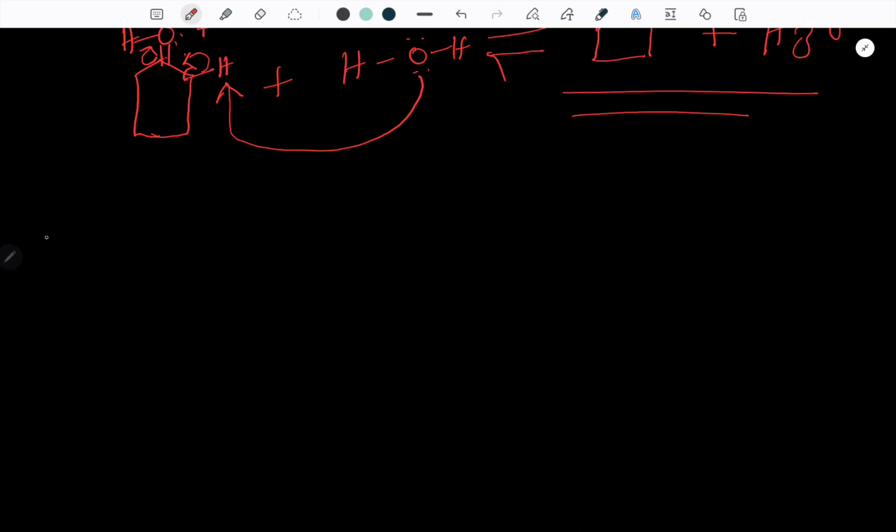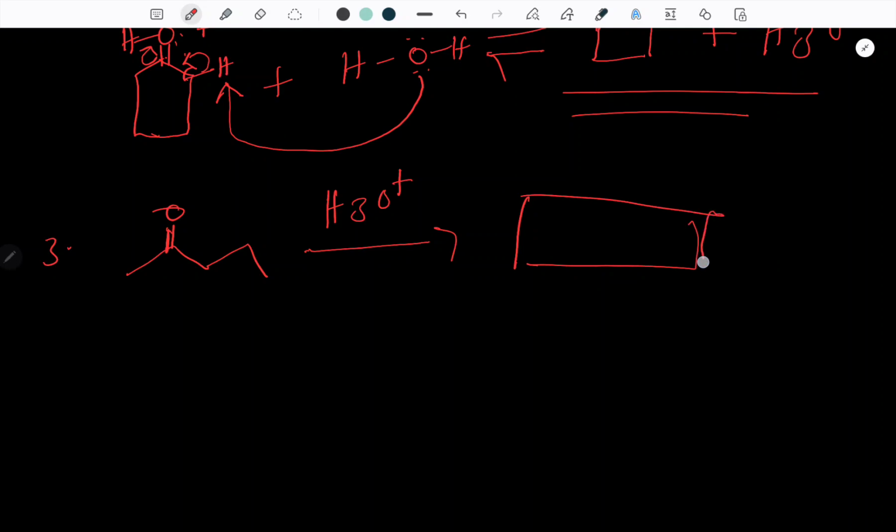All right, example 3. This one you're going to do on your own. I'll put my oxygen here, then H3O plus. What will be the answer here? And show the mechanism. Example number 4. Again, this one we are going to do on your own.